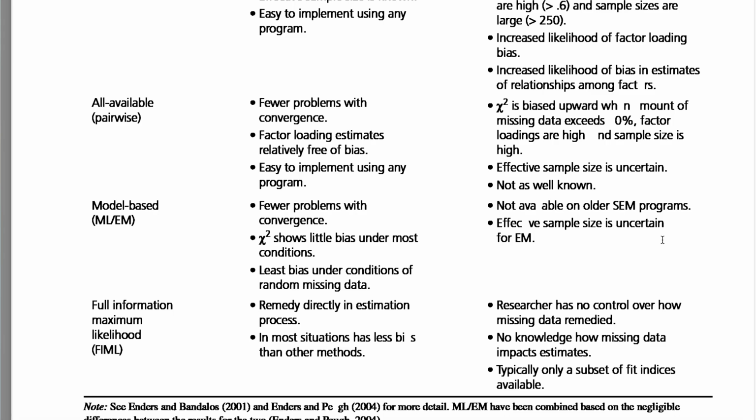Full information maximum likelihood remedies directly in the estimation process. This is an advantage, and another advantage is that in most situations it has less bias than the other methods. These are the disadvantages: the researcher has no control over how missing data is remedied, no knowledge of how missing data impacts the estimates, and typically only a subset of the fit indices is available.